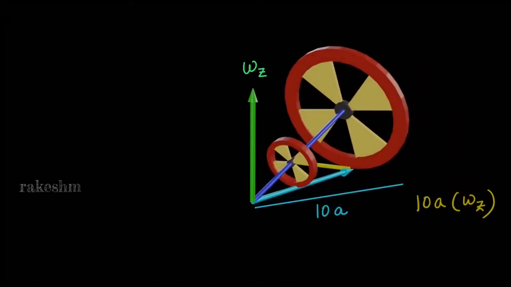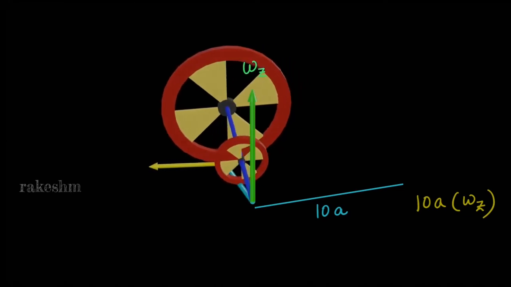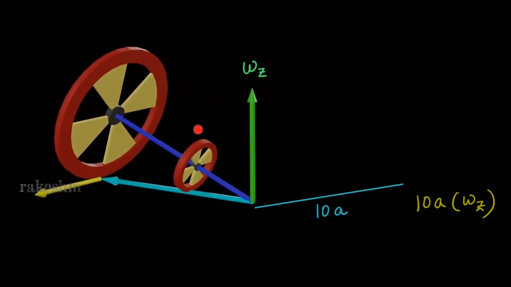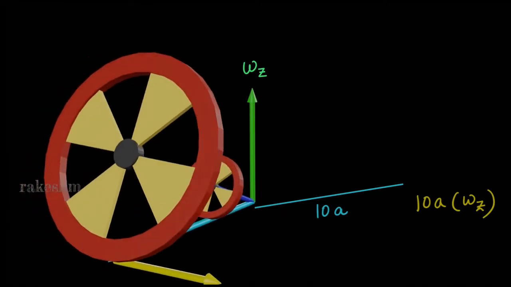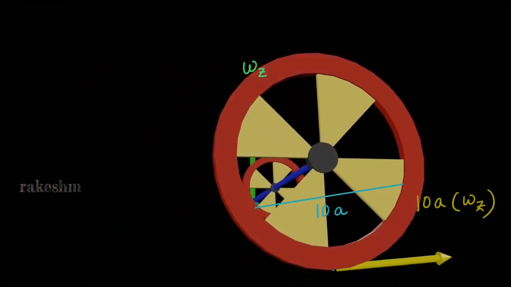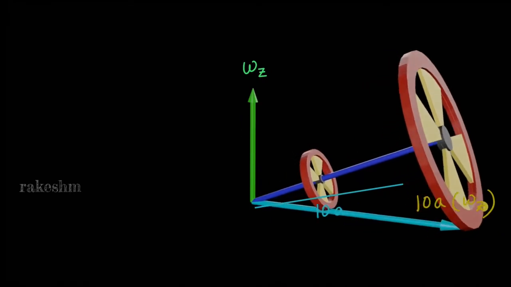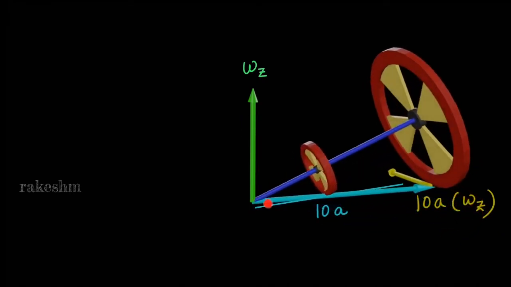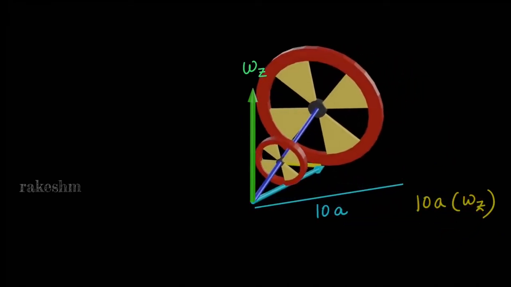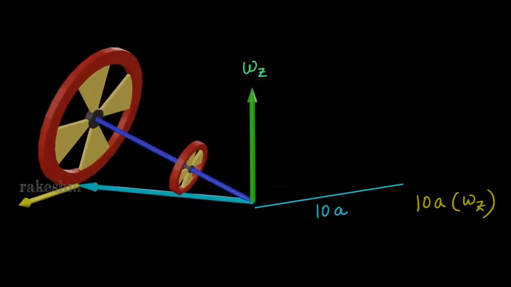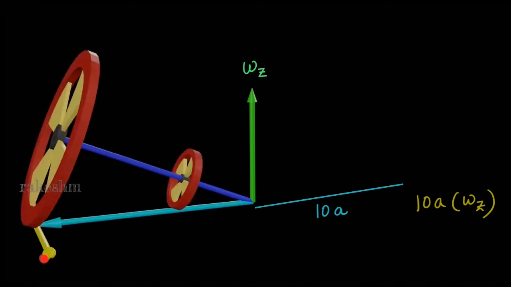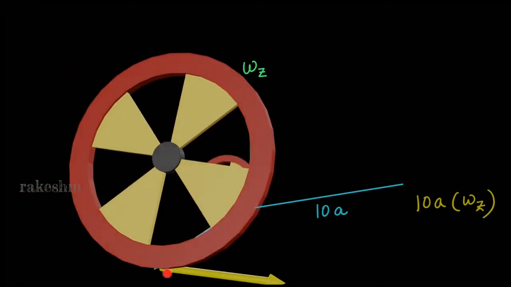You can find the velocity of any point due to this omega z by drawing a vector there and doing omega z into the radial distance of that point from this axis. We are interested in the bottommost point, so we have drawn a vector from this axis to the bottommost point and calculated its speed. You can see the velocity is pointed in this direction, represented by this arrow.